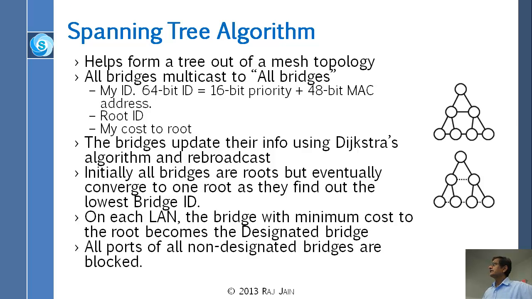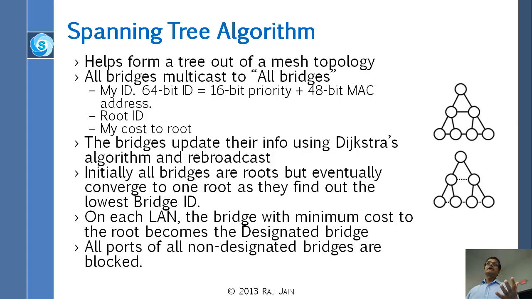And the way it works is that they select a root, and the root is the one which has the lowest priority and the lowest MAC address in that priority. It's not really called priority, because priority means just the opposite. So every bridge, every switch is administratively assigned a priority. The manager sets the priority into the bridge, that your priority for becoming the root is such and such, or it might by default be 0. If you don't set anything, then everybody is at the same priority.